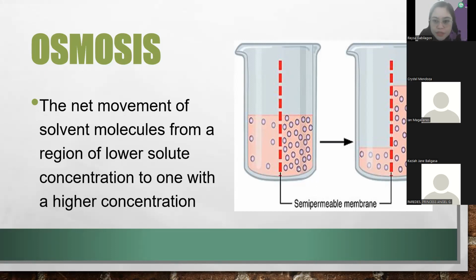So when you say osmosis again, the solvent will move to the region with higher concentration. So the goal of osmosis is actually dilution. We will be diluting the compartment wherein there is more solute concentration.